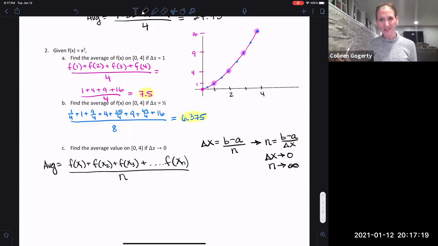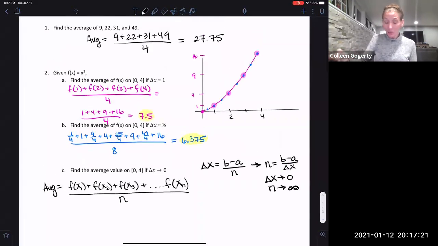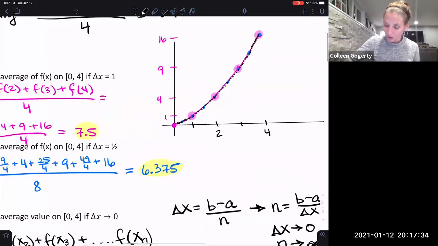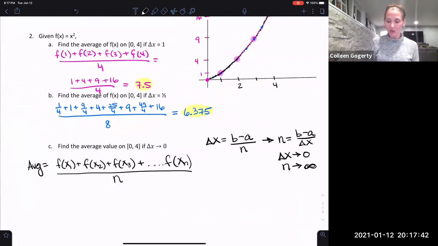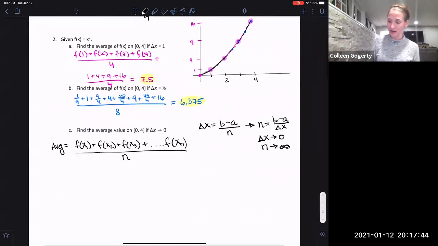Well, this should make sense, right? I want every single output that I could possibly get along this curve. If I blow this up, how close can I make these? How many points would I possibly have along here? Infinitely many points.